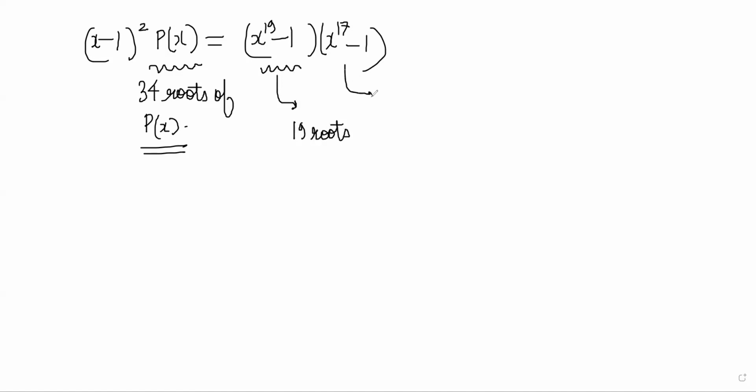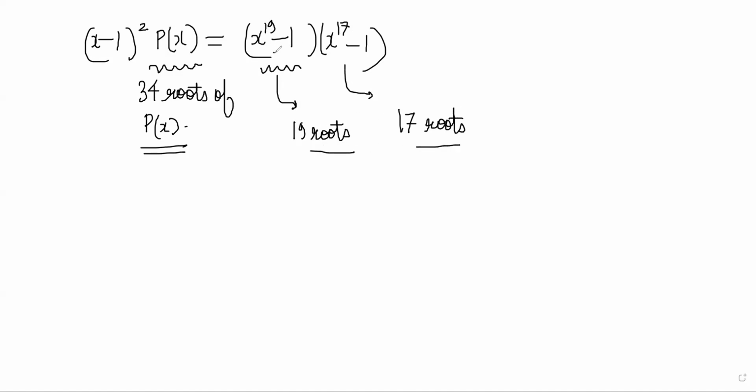Now, our job is to find the 34 roots of p of x. Right? Now, what happens here is that we can say that there are 19 roots of this expression and there are 17 roots of this expression, so those add up to 36 roots.